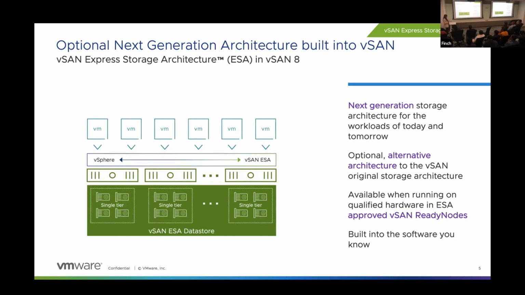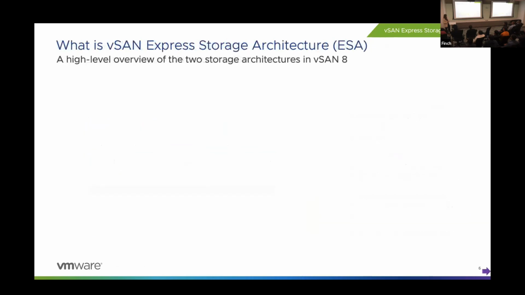I'll go into a deep dive on each of these components one by one, but I wanted to give you an idea that it's the same software. You don't have to replace anything. vSAN 8 is not replacing any previous architecture. You can even use both architectures in the same environment, and they can coexist together. Right.